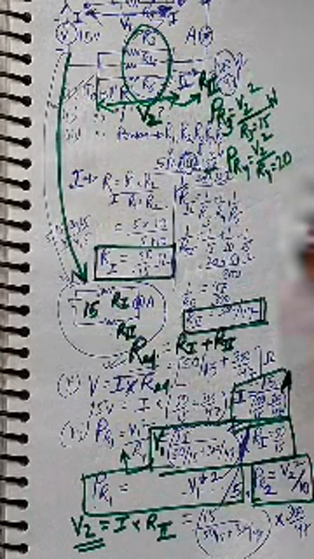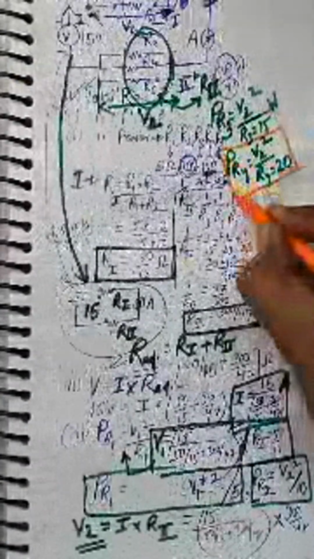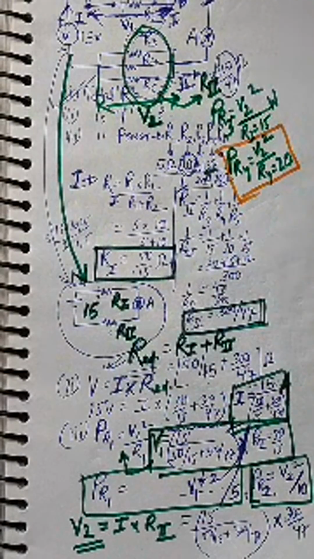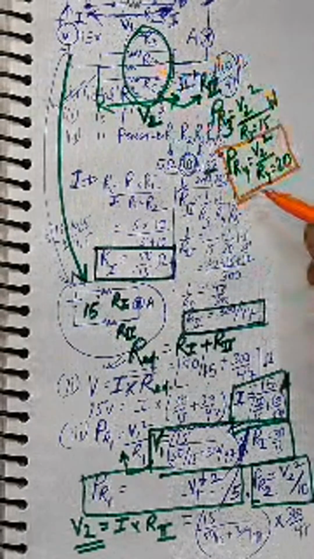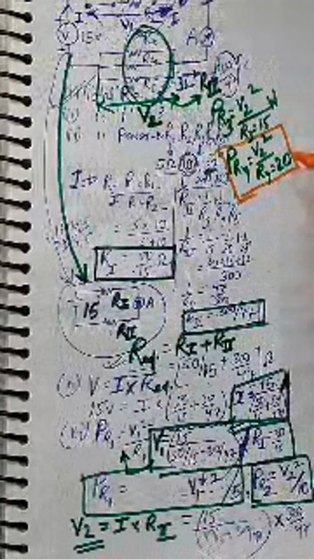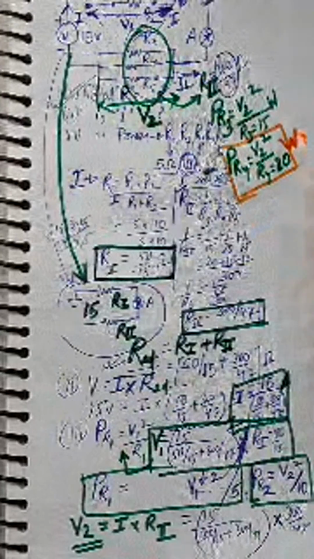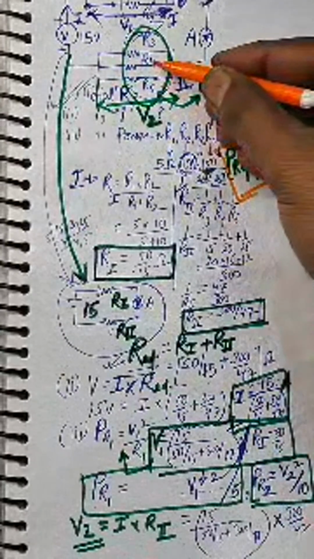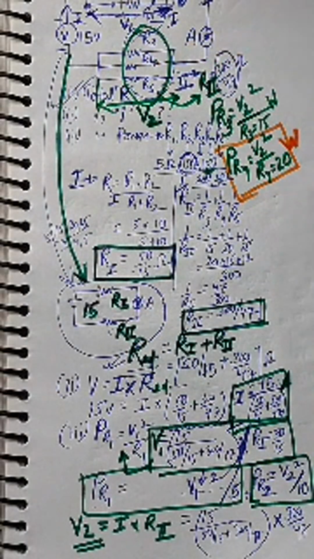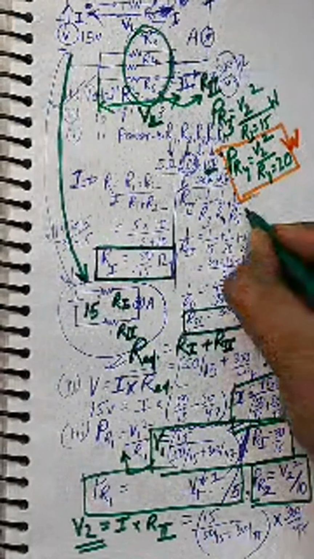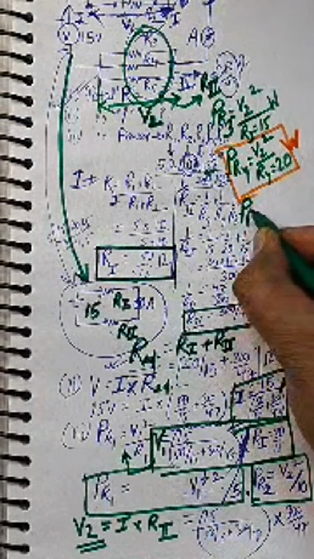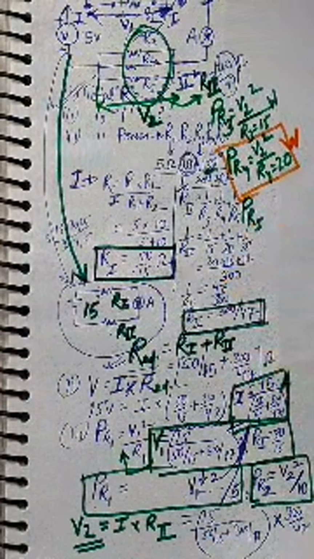This will give you the power across R4. So V2 square by R4, this much wattage is the power across resistance R4.